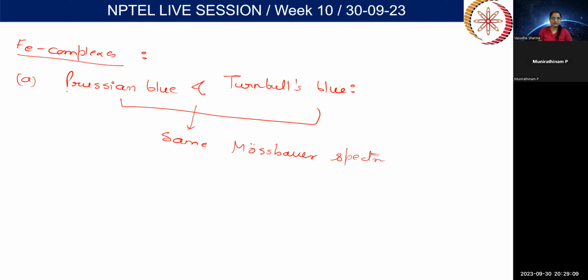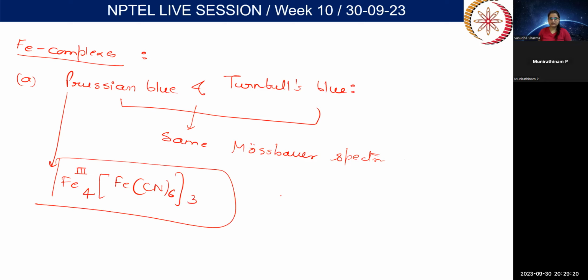even though Prussian blue's formula is iron 3, iron 6, ferro.